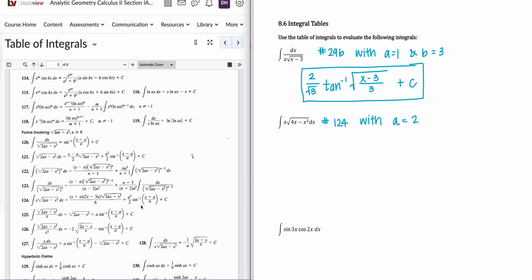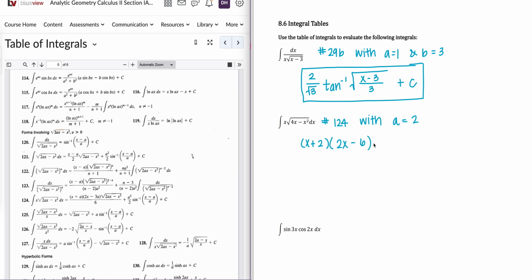So once we have that identified, we can go right here and just write out the answer. So it's going to be x plus 2 times 2x minus 3 times a, so that'll be minus 6.